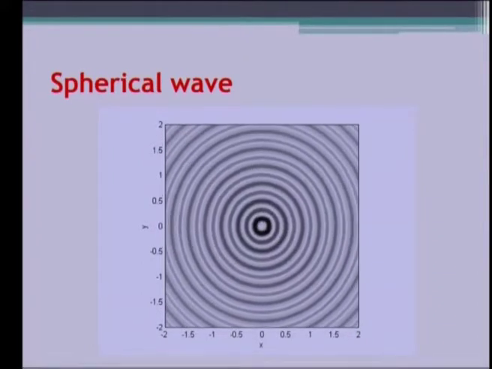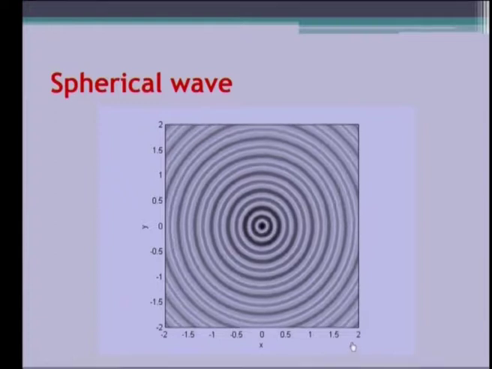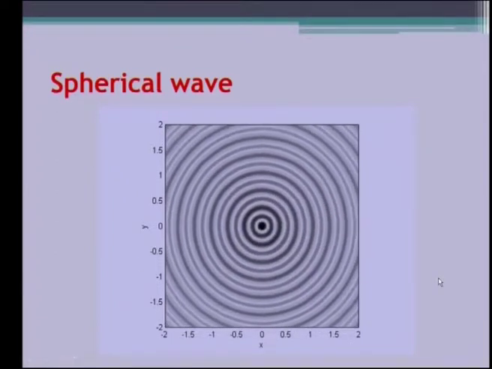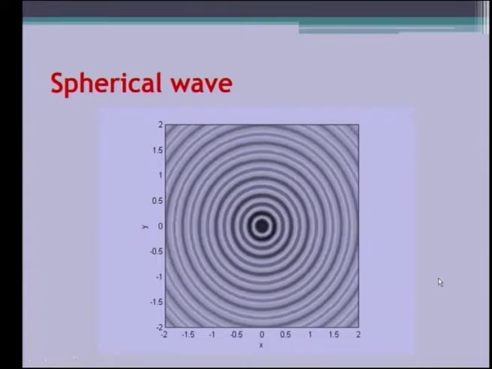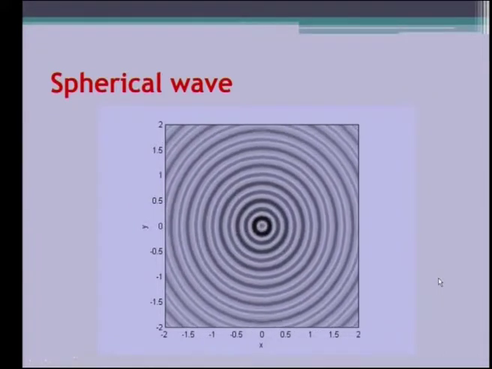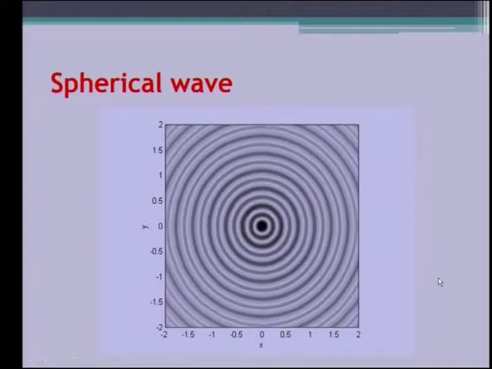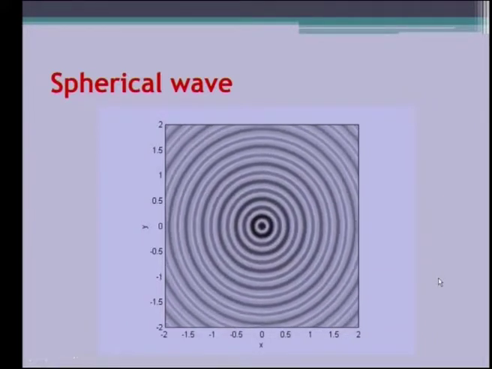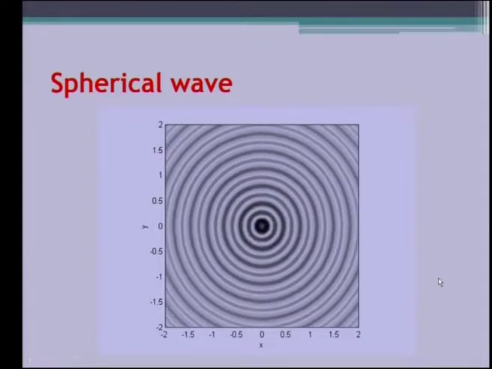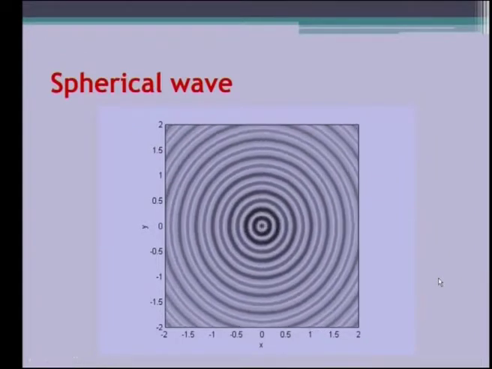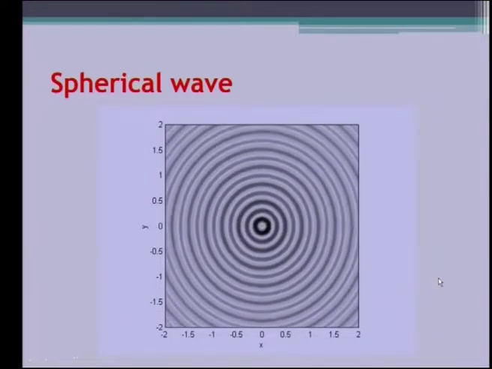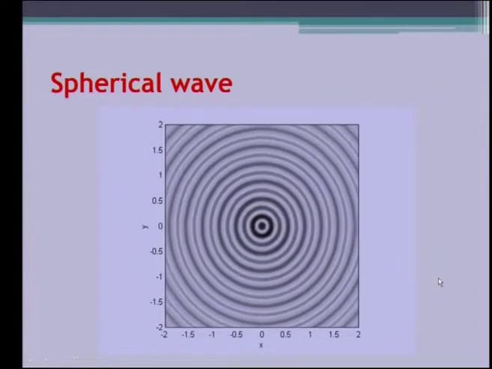Here we have taken an xy plane, and from the center point the wave is emanating and spreading through the entire space in a two-dimensional space. So, this is a spherical wave. Just for the sake of giving the example, it is given in a two-dimensional form. It could be extended to a three-dimensional space also.